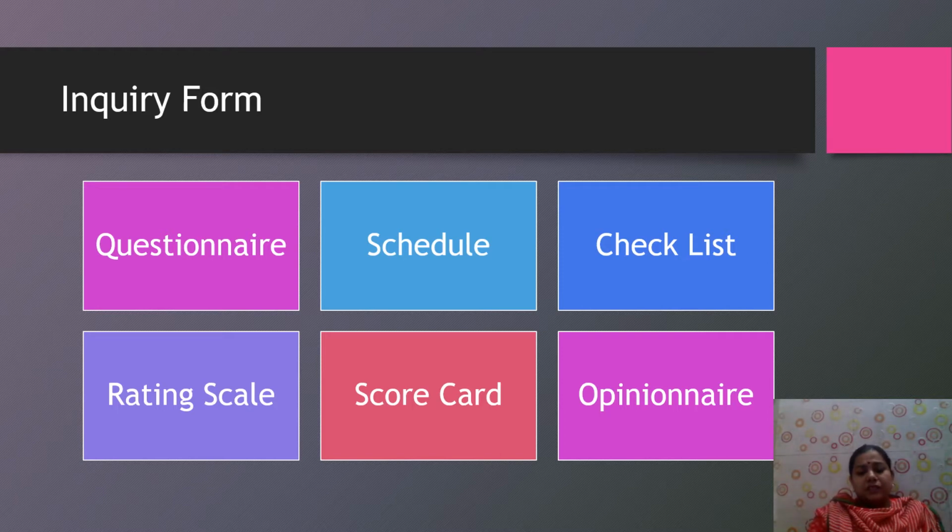A schedule is filled by the enumerator. The surveyor distributes the schedule, goes with the schedule, and the enumerator enters the answers. Then is the checklist, the rating scale, the scorecard, and the opinionaire. Opinionaire is made up of two words, opinion and questionnaire. So, all these are discussed further in detail, and I'll be taking up individually the questionnaire, schedule, checklist, rating, scorecard, and opinionaire.